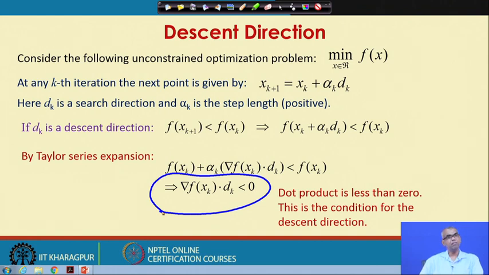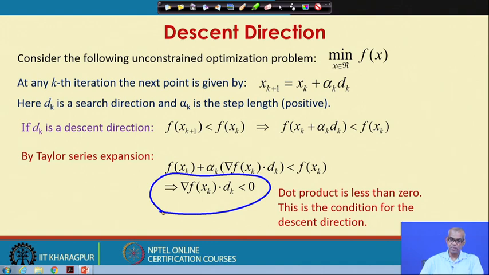So, if I am given a direction and a function, and I am asked to tell if the direction given is the descent direction at a certain value of the function, all we have to do is take the gradient of the function evaluated at that point and take the dot product of that with the direction.